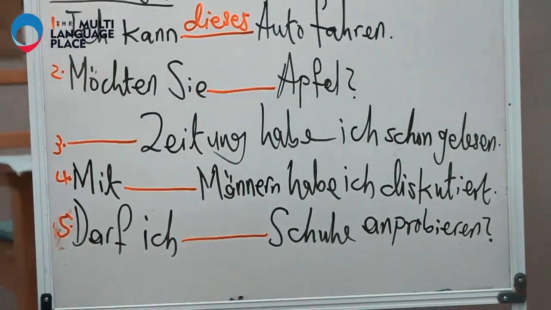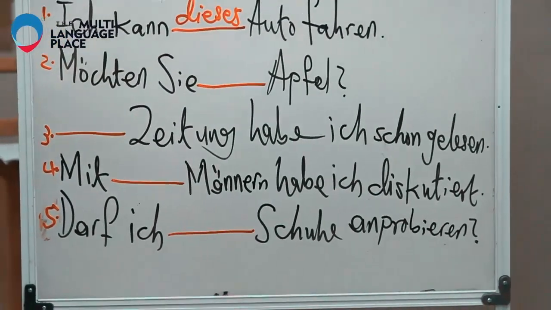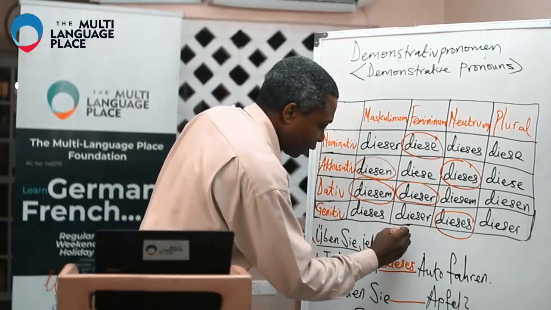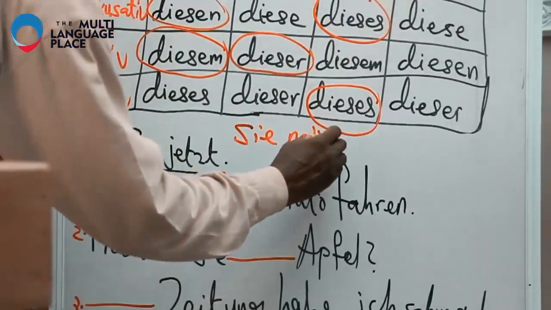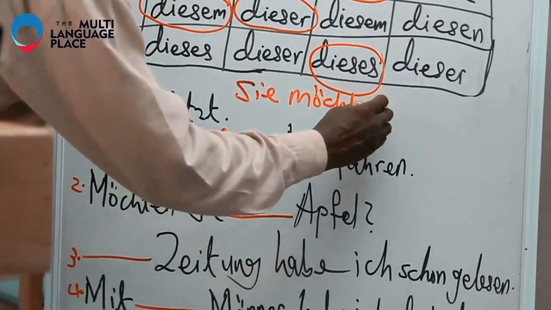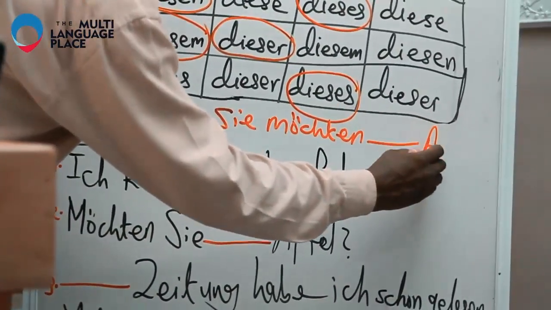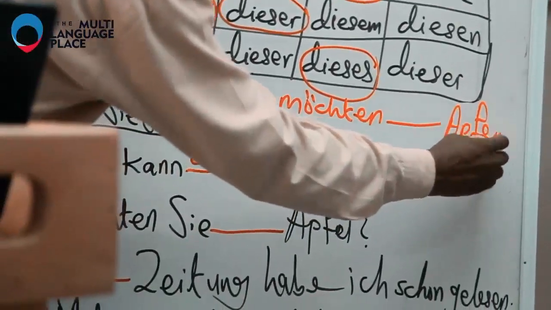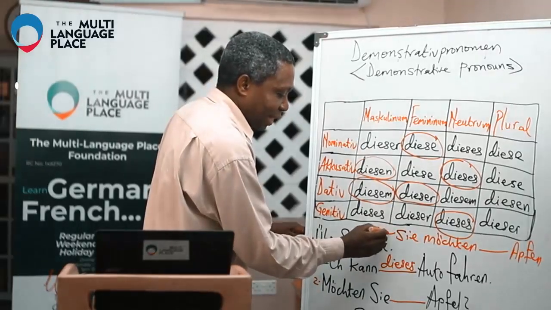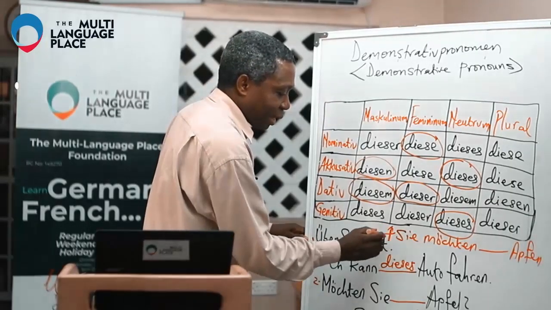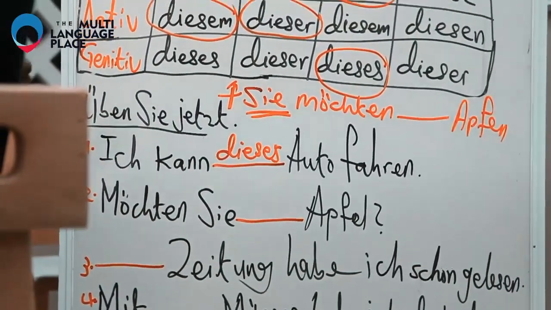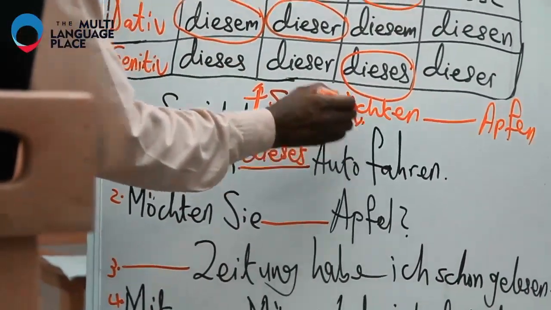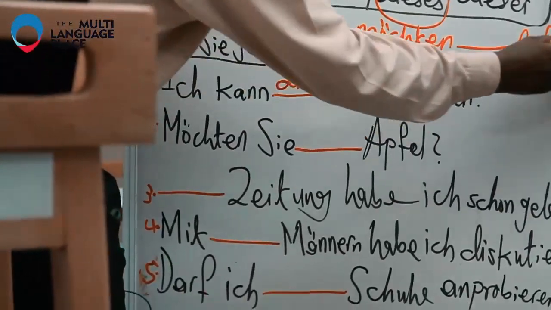So let's imagine the sentence is in normal structure. It will be like this. Sie möchten Apfel. So with this sentence, I can easily explain to you. This is the performer of the action, nominative. This is the verb, and then you have the accusative here.